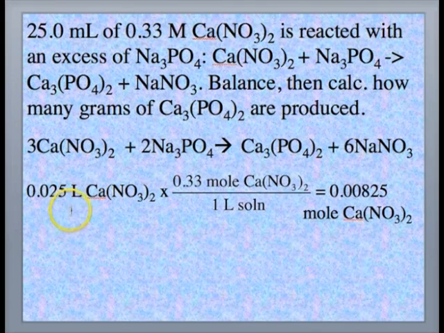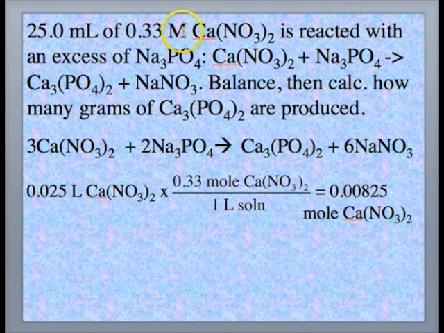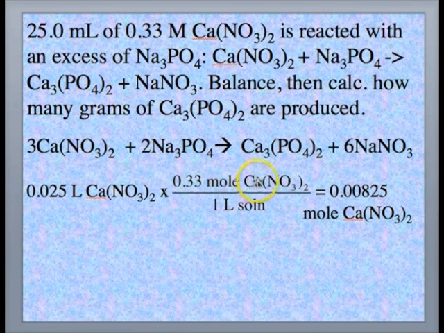Now we can take the information given to us, 25 milliliters of 0.33 molar calcium nitrate, convert the molar into useful units of moles per liter, and that's 0.33 moles of calcium nitrate per liter of solution. I've converted my 25 milliliters into 0.025 liters of calcium nitrate, and I multiply the two.